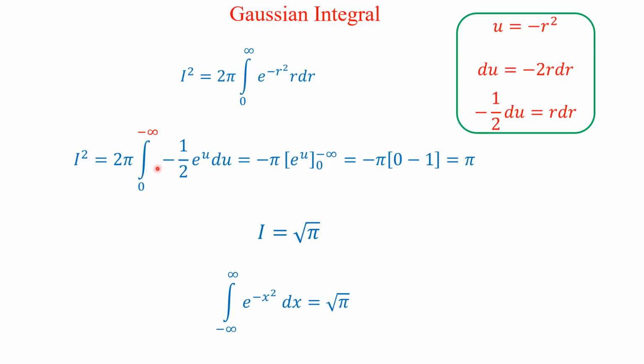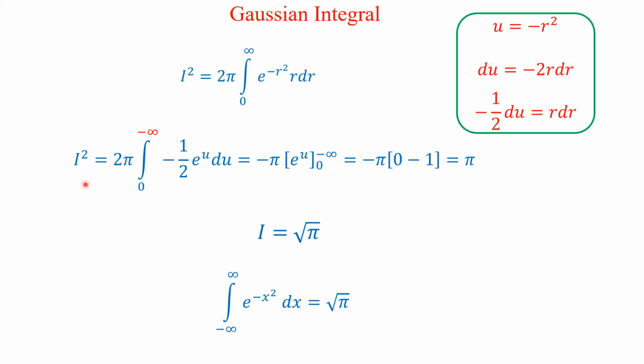That you have to take care of. So we have minus pi times e to the u evaluated between the upper and lower limits. The upper limit, e to the power minus infinity, is 0. The lower limit, e to the power 0, is 1. Upper limit minus lower limit is minus 1, times minus pi, which equals plus pi.